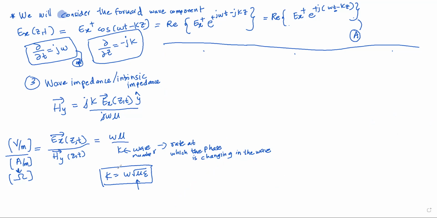In order for me to find the intrinsic impedance in its simplest form, I need to substitute the value of k in terms of omega and mu epsilon.